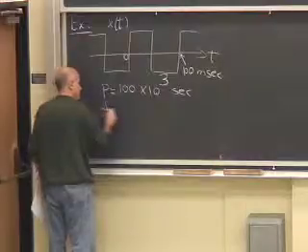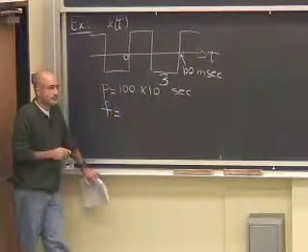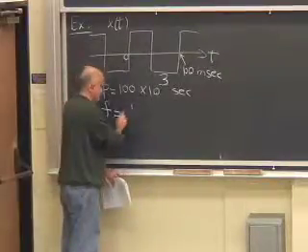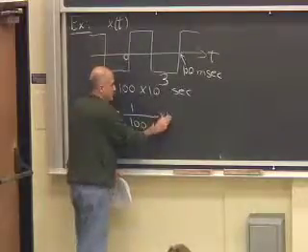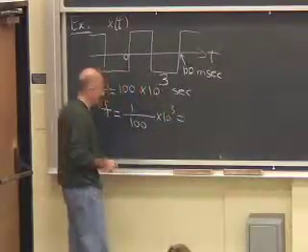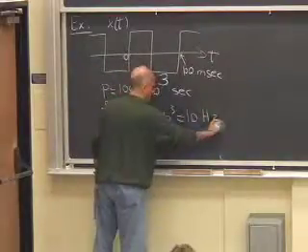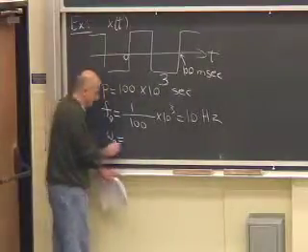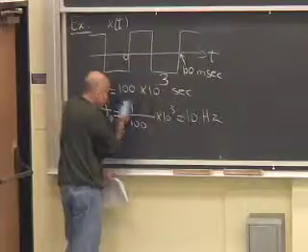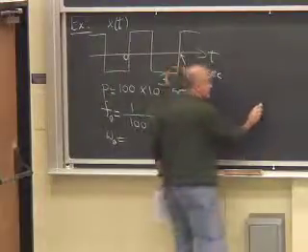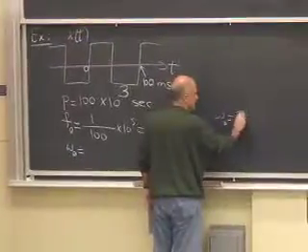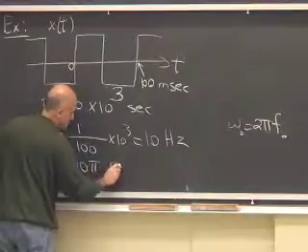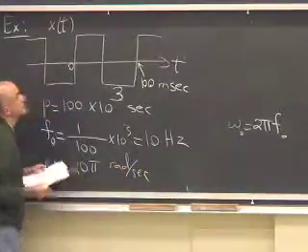And what's the fundamental frequency in hertz? 1 over 100 times 10 to the minus 3. Well, what's that? 10 hertz. And the fundamental frequency in radians per second? How are they related? Omega naught is 2 pi f naught. So you simply multiply that by 2 pi. You get 20 pi radians per second.